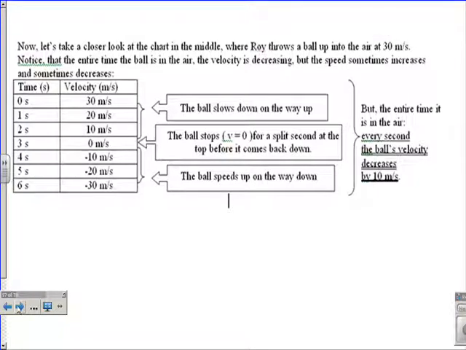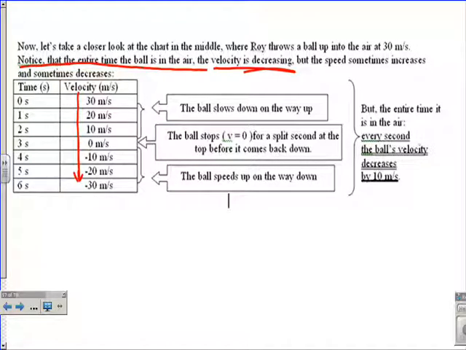Let's take a closer look at that chart in the middle where he throws the ball up into the air at 30 meters a second. Notice, the entire time the ball is in the air, the velocity is decreasing. The velocity starts at 30, and then it decreases to negative 30. We pointed this out when we did the ball on the ramp problem.